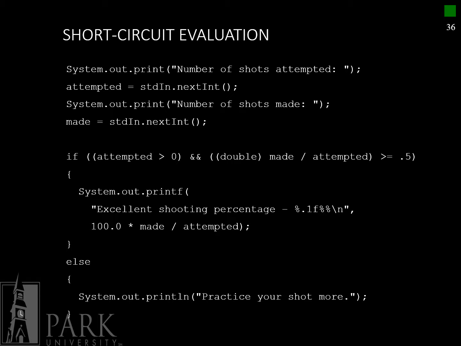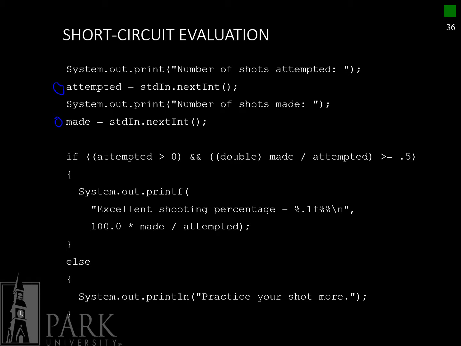So let's take a look at this code. It calculates a basketball player's shooting percentage and prints an associated message. What happens when the code runs with the input values of 0 and 0? Well, let's walk through the code. We put in 0 for attempted and 0 for made.